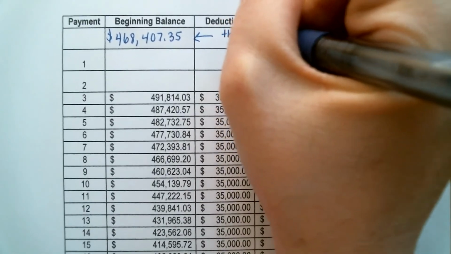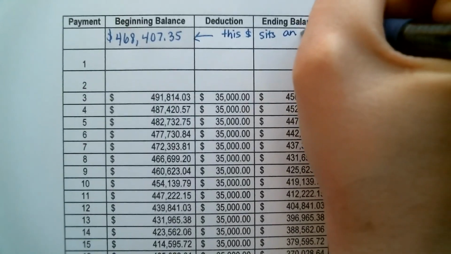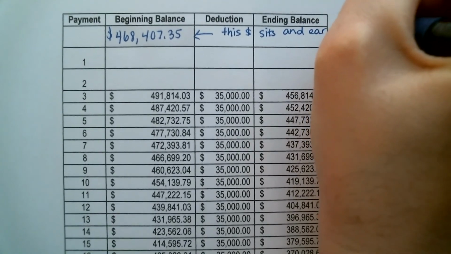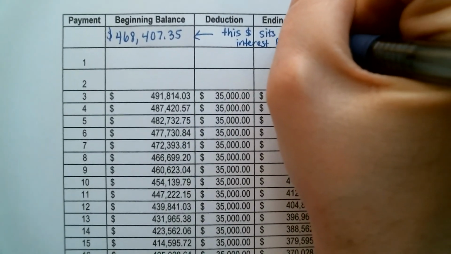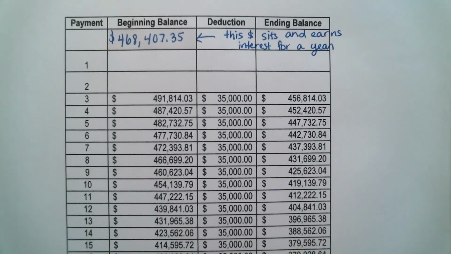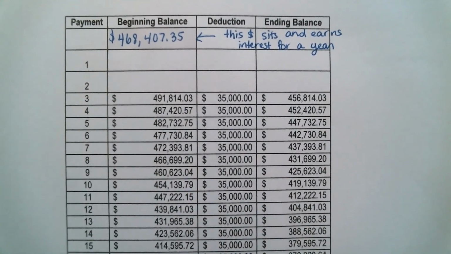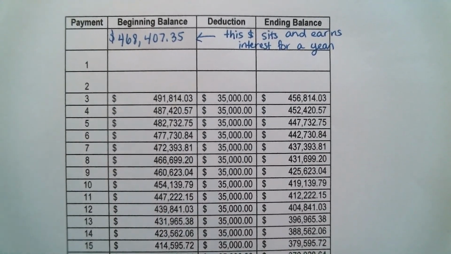This money sits and earns interest for a year. So a year passes from that initial deposit of that one lump sum, and we're going to calculate how much money is in the account now.